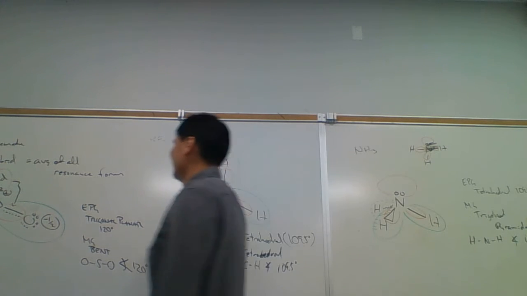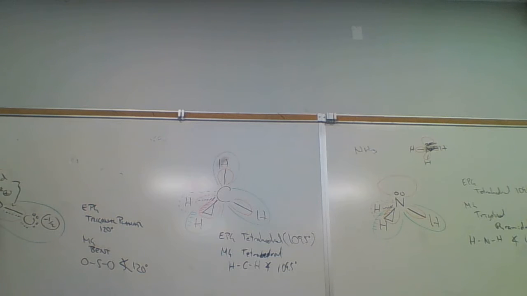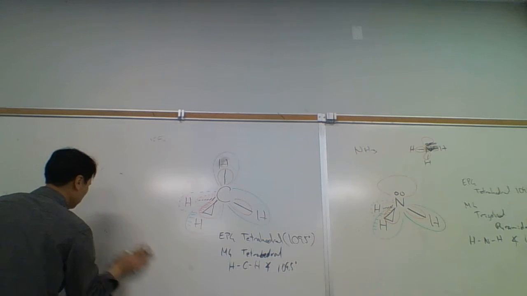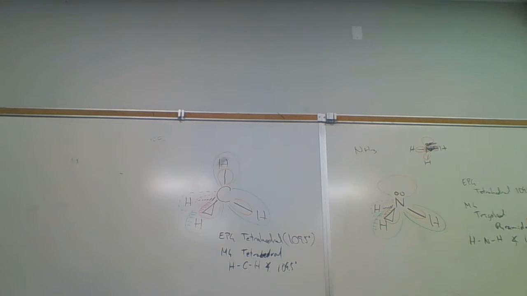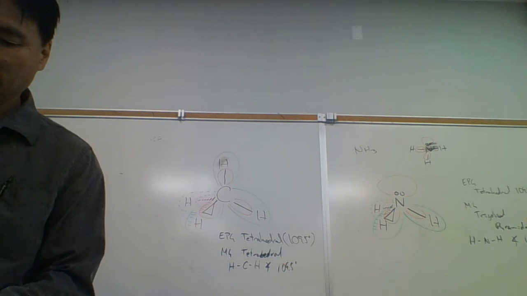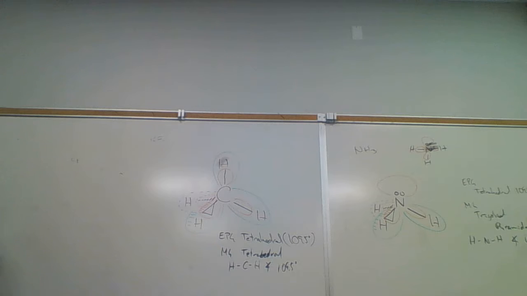Now, we're going to talk about this briefly. I'm going to talk about distortions to the angle. What happens is these groups take up different amounts of space. And so it turns out that, let's say I have the atom with a lone pair. A lone pair takes up a lot of space compared to a single bonded pair.